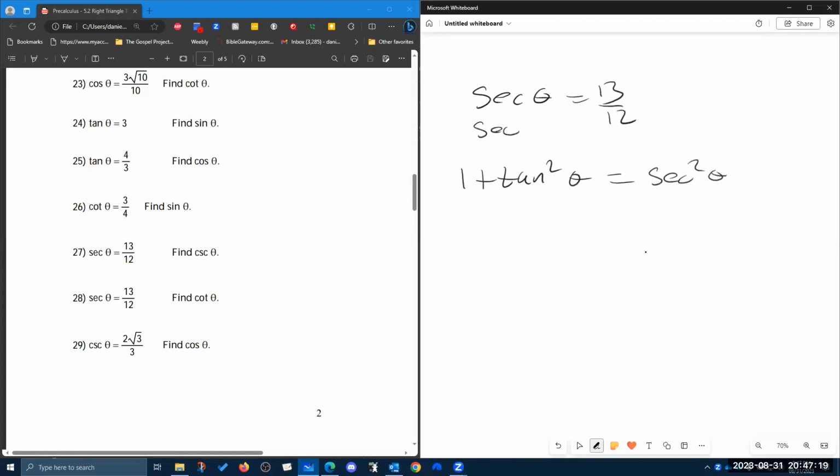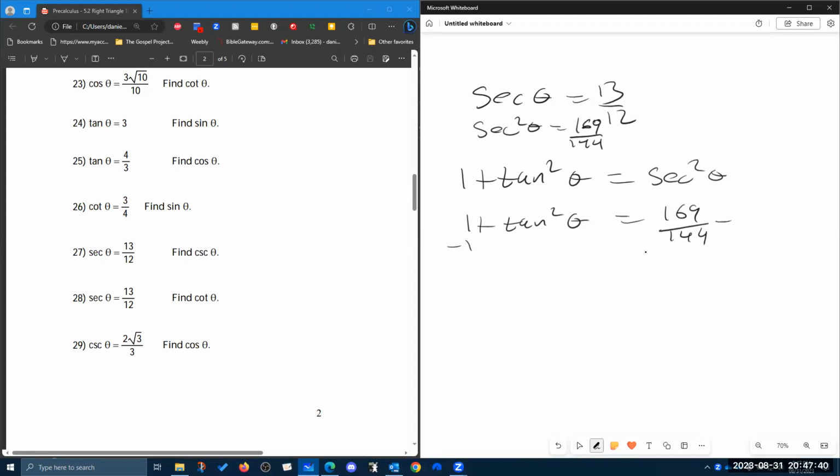So let's find secant squared. That's 169 over 144. So 1 plus tangent squared is equal to 169 over 144.